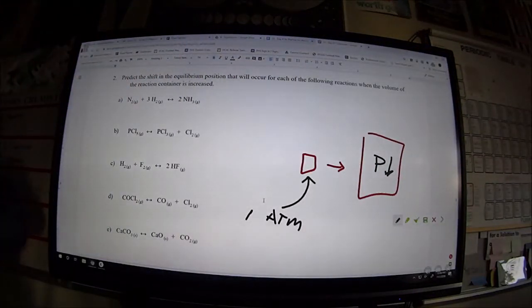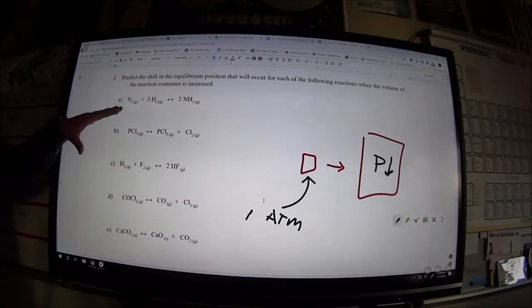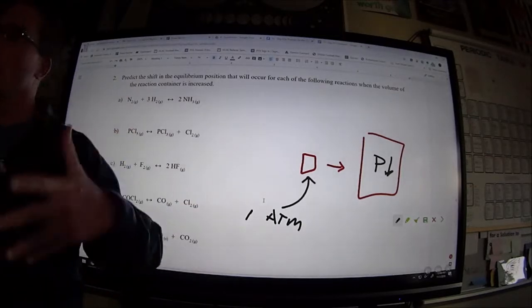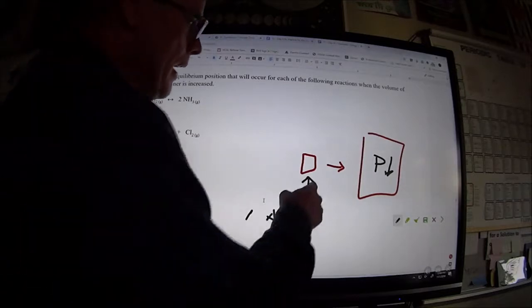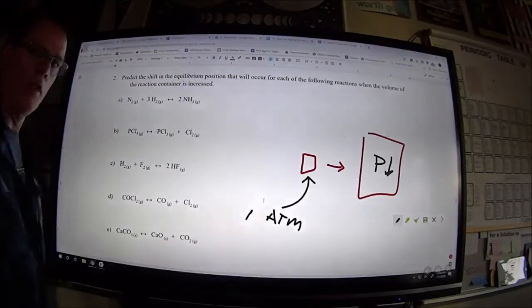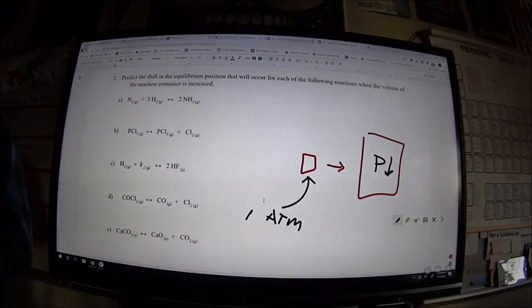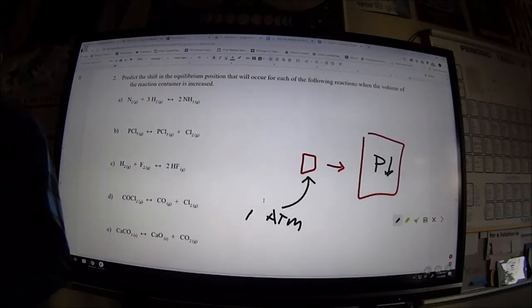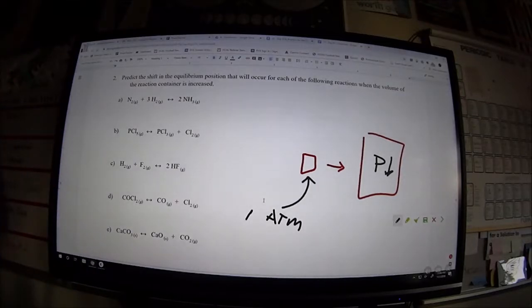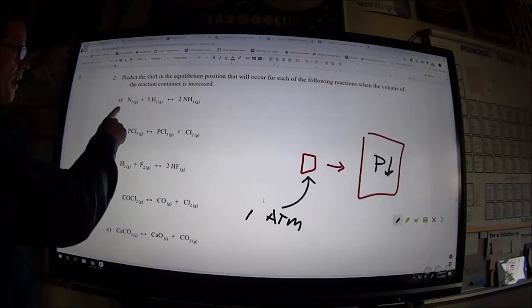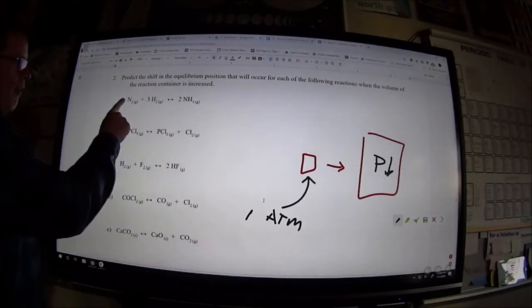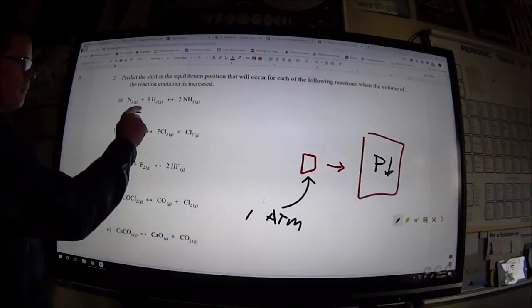Because the number of particles we started with doesn't change until we do a shift. If the container changes, ideally we want the temperature to remain the same. There will be one scenario where the temperature will change, and we have it in our batch here. How many particles do we have on the reactant side for A? 4.